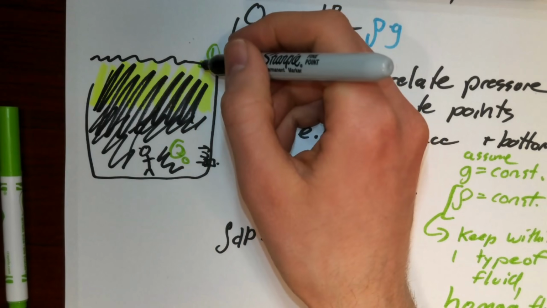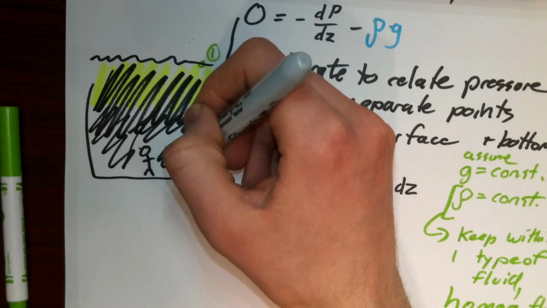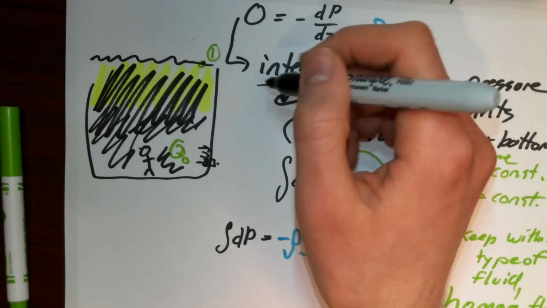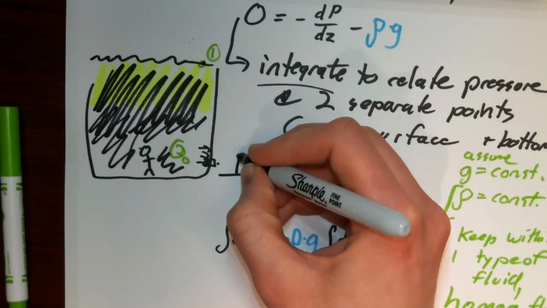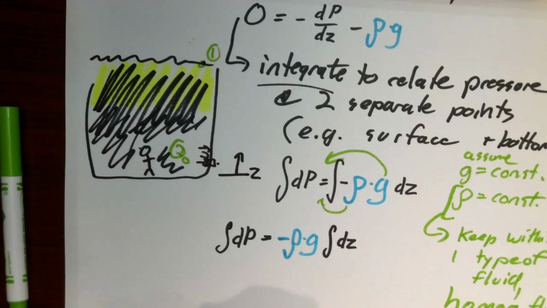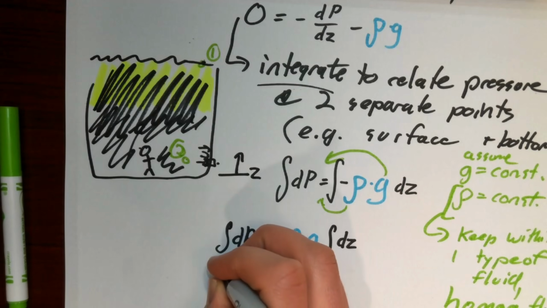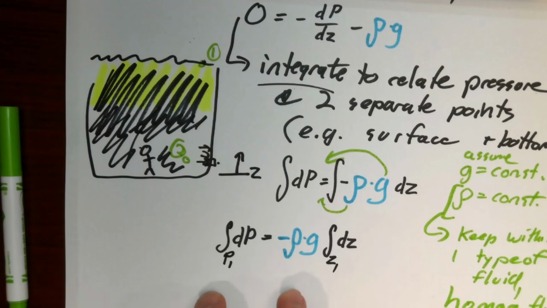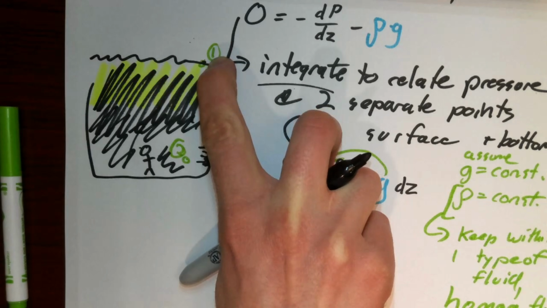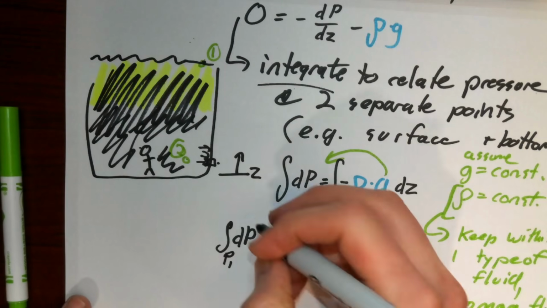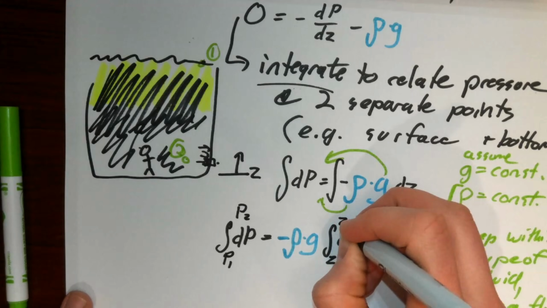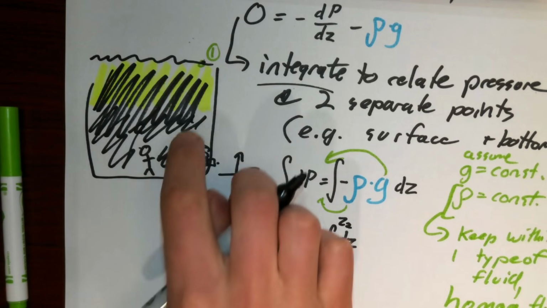So I could say, for point 2 and point 1, there's some pressure at point 1, and there's some z height at point 1, right? So maybe I have my z coordinate right here. I might say that there's some pressure at point 1 and some z coordinate that corresponds to that point. And there's some pressure at point 2 and some z coordinate at point 2 as well.